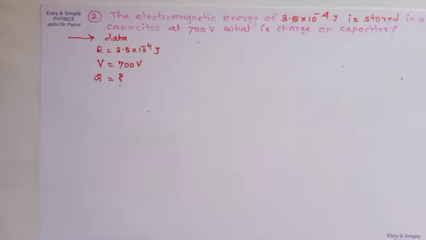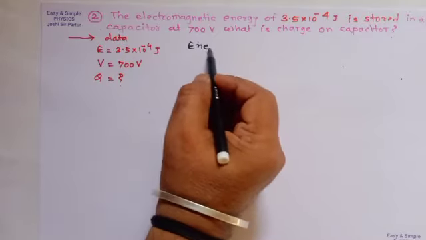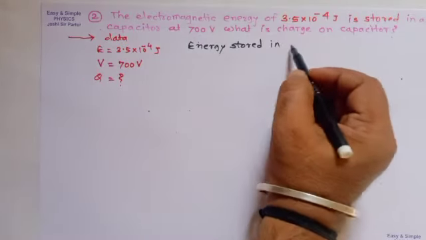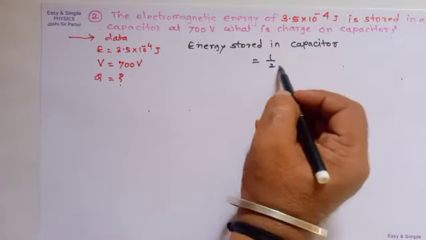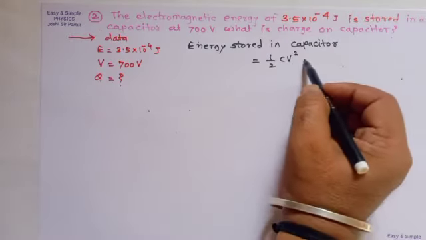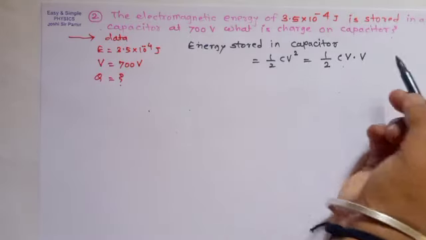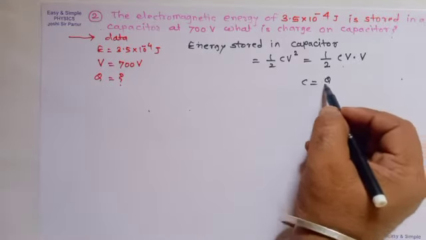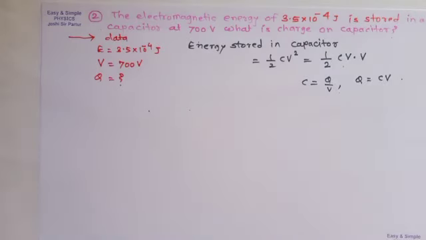In such an example, we use the formula for energy stored in a capacitor, half CV square, which is half CV into V. Here we know C is equal to Q upon V, therefore Q is equal to CV.